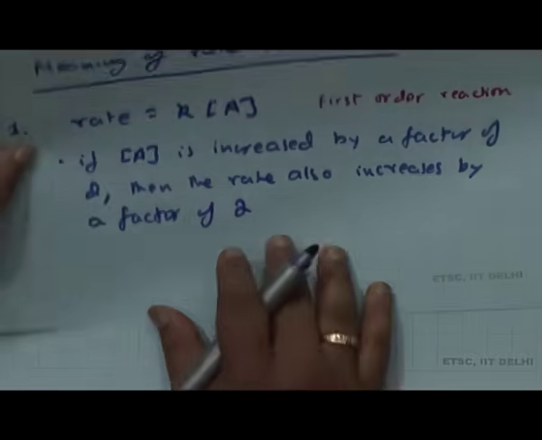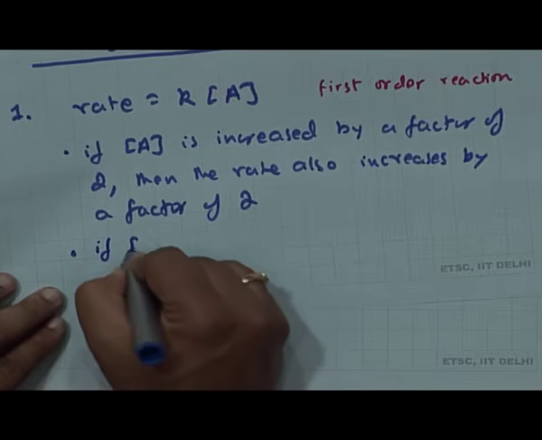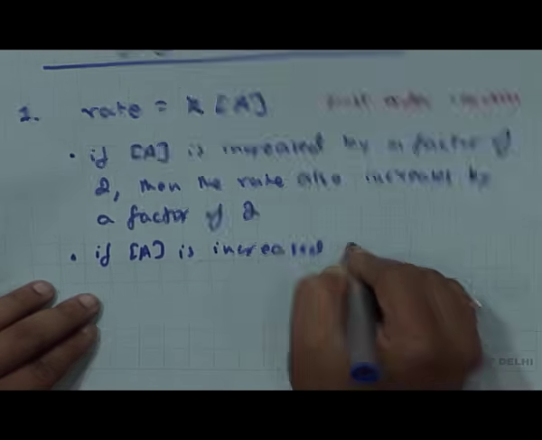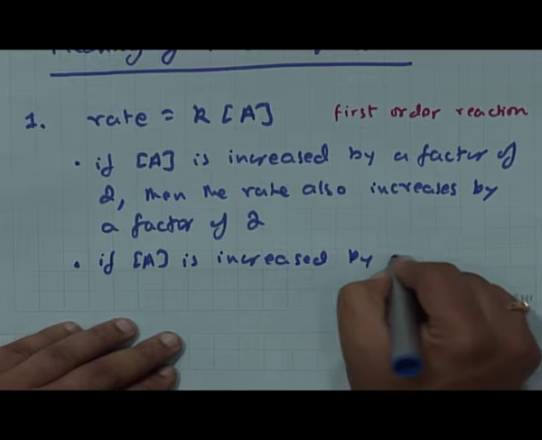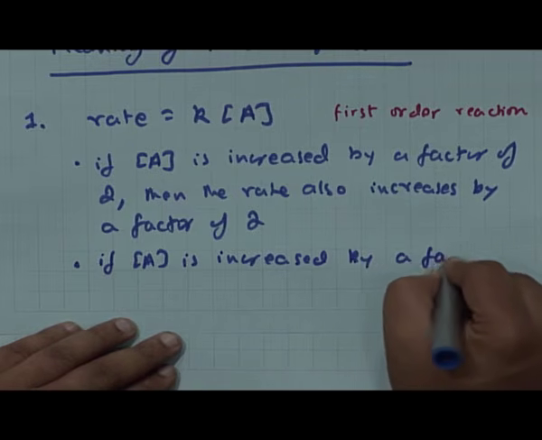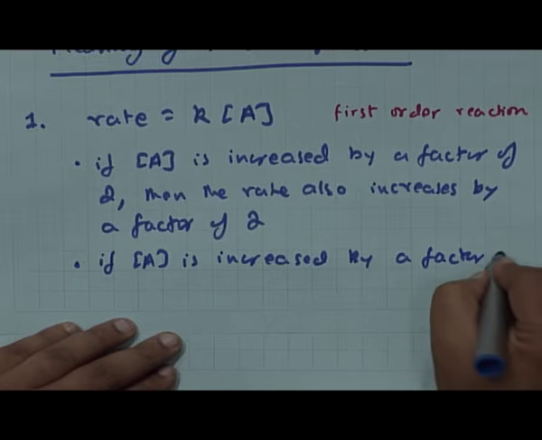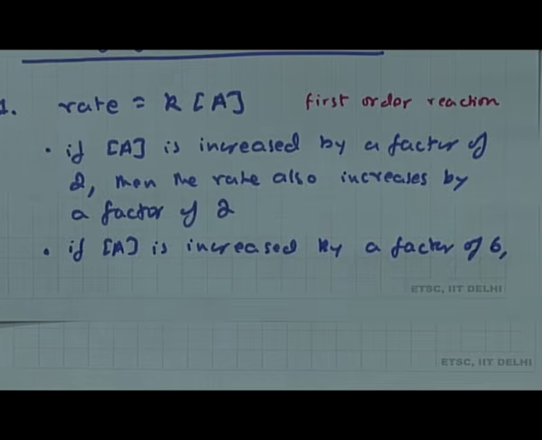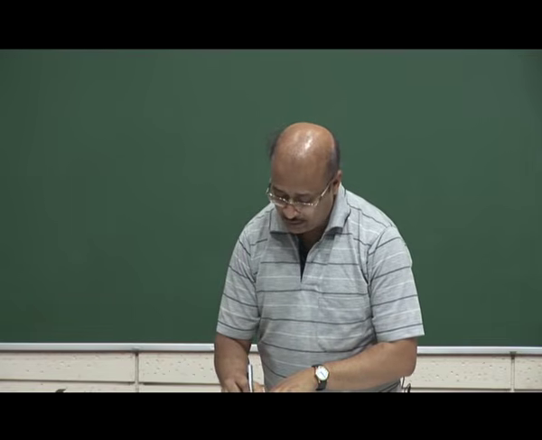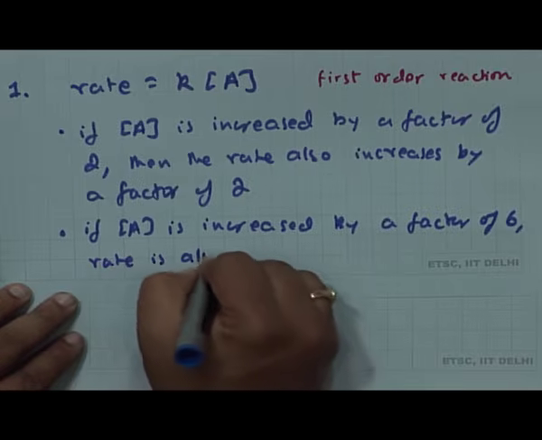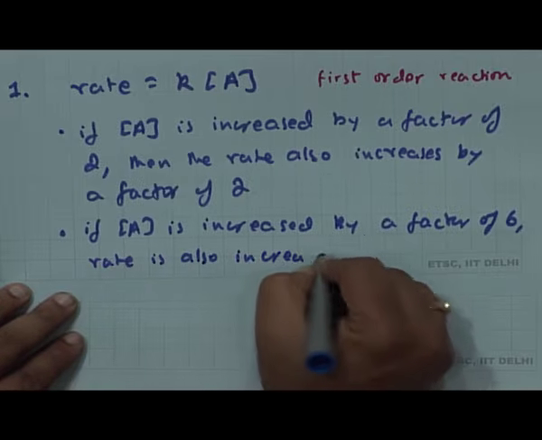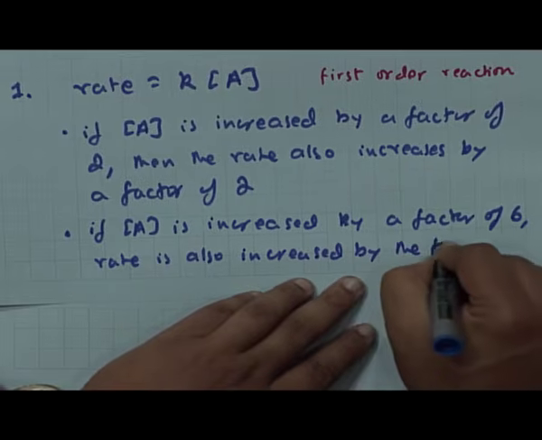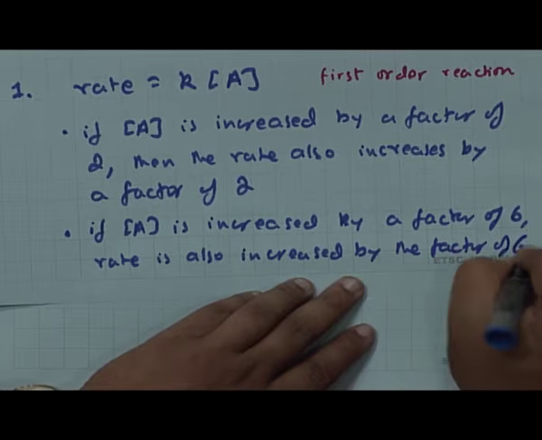Similarly, if the concentration of A is increased by a factor of 6, that means the concentration of A has been increased 6 times, then the rate is also increased by a factor of 6.